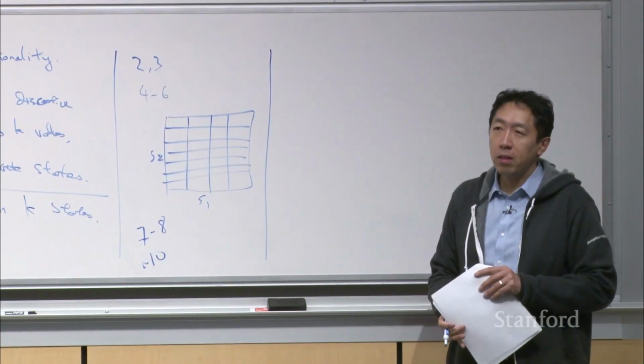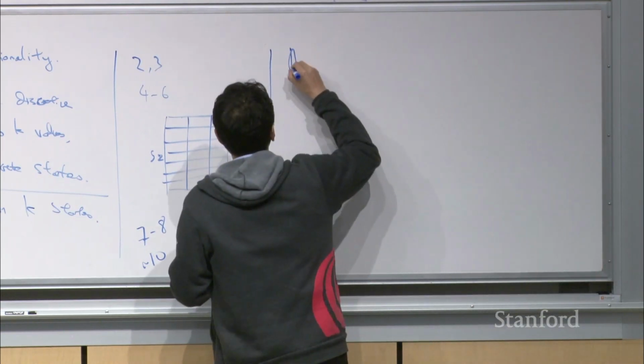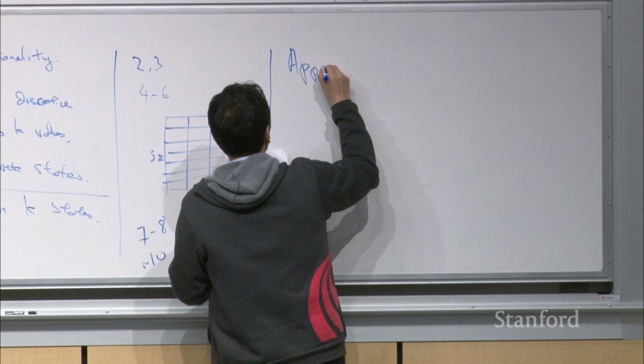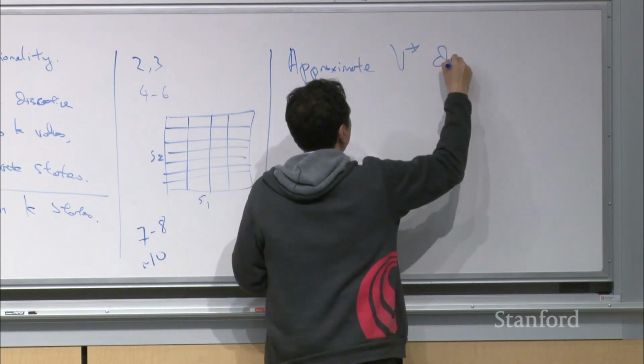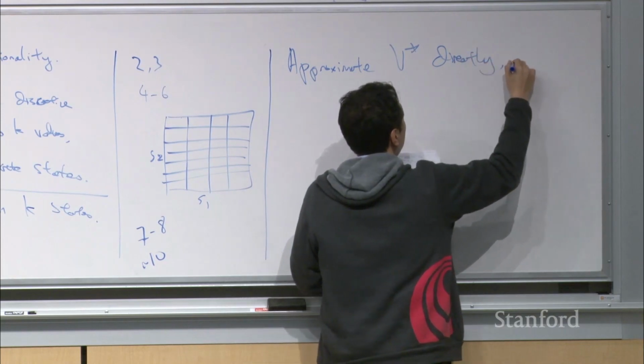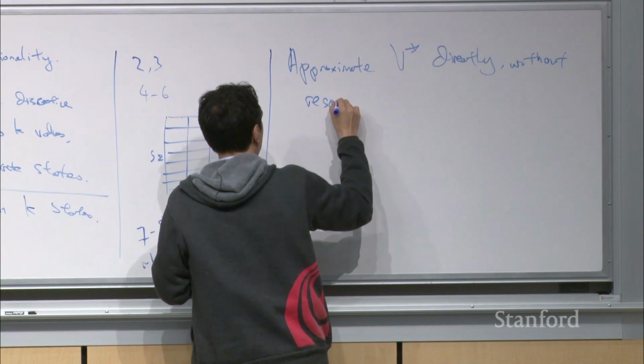In the alternative approach that you'll see today, what you'll be able to do is to approximate V star directly, without resorting to discretization.